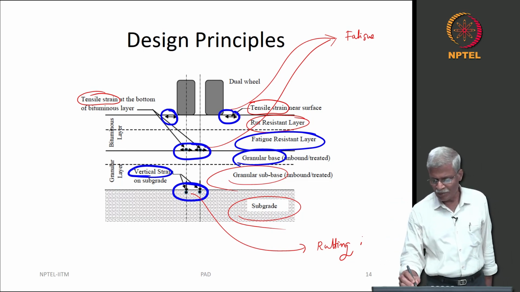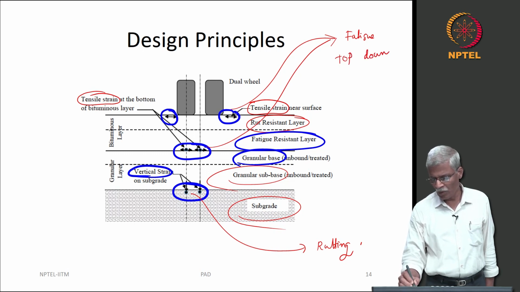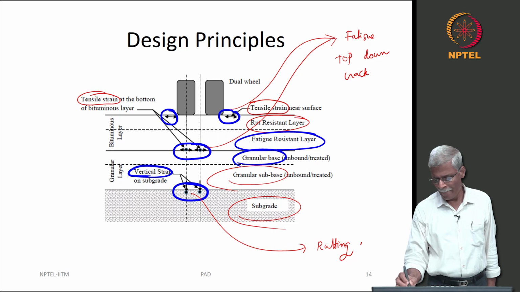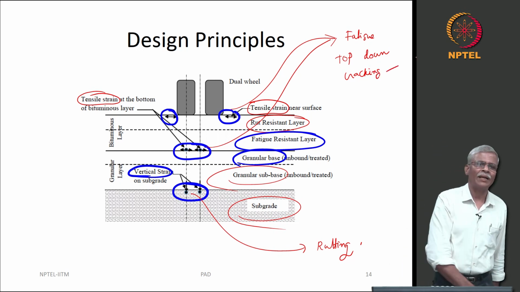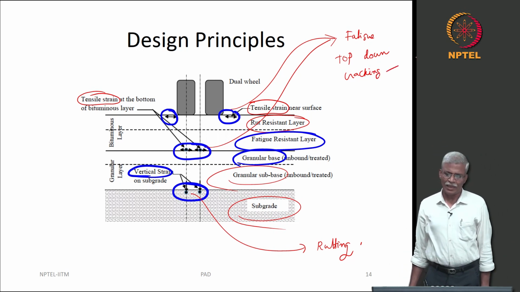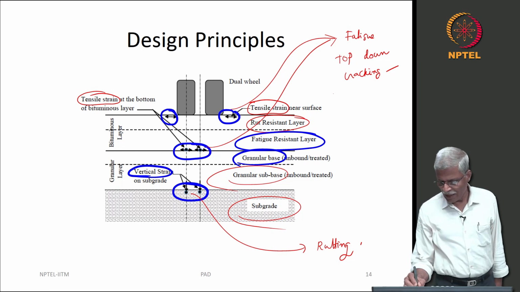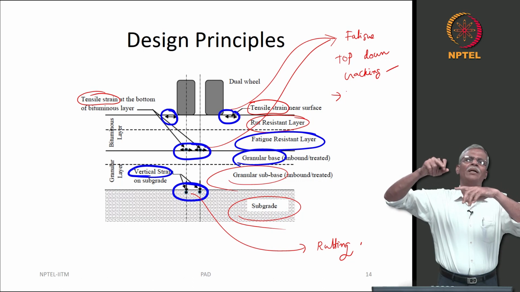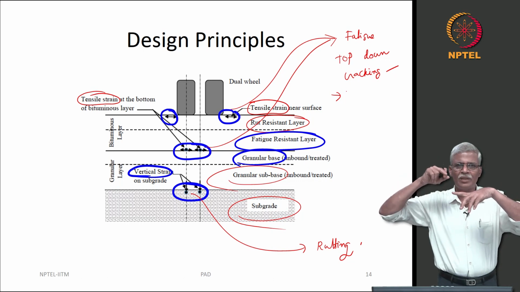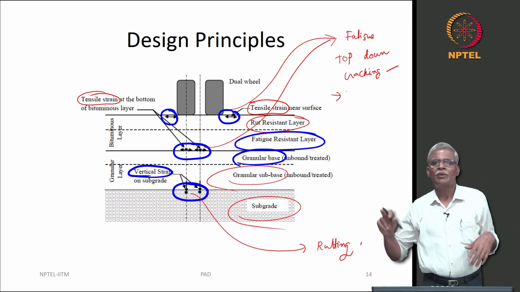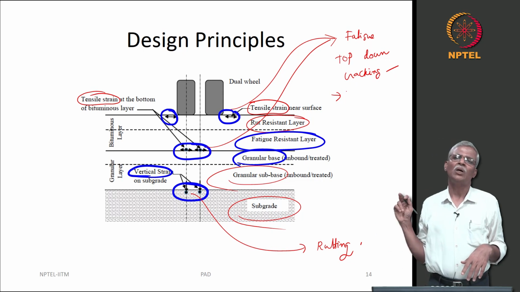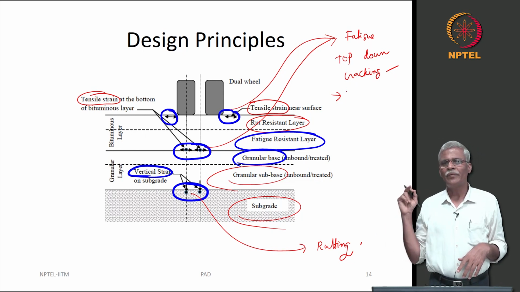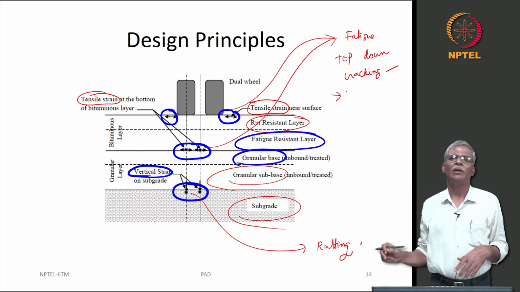Because there is something called top down cracking that can happen. How does a top down cracking happen? What can happen is at the surface where the tire is in contact with the pavement, considerable amount of stresses are induced between the tire and the pavement.